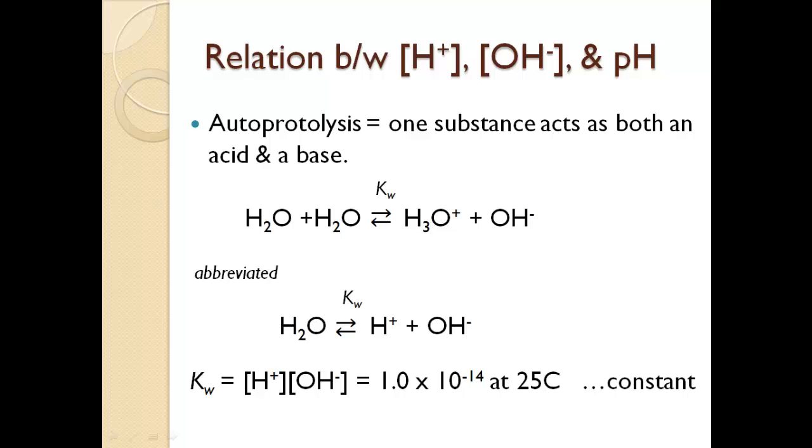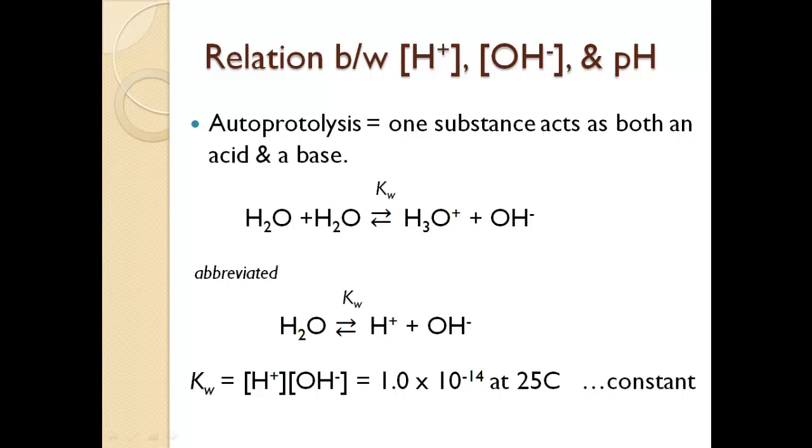We're going to talk a lot about equilibrium constants, but you'll see that when you write an equilibrium constant, it's going to be the products divided by the reagents. So here you have the H plus and the OH minus, which are the products of the reaction, but we don't have anything as the reagent. Even though you see that water there, we don't put that on the bottom because it's a pure liquid.